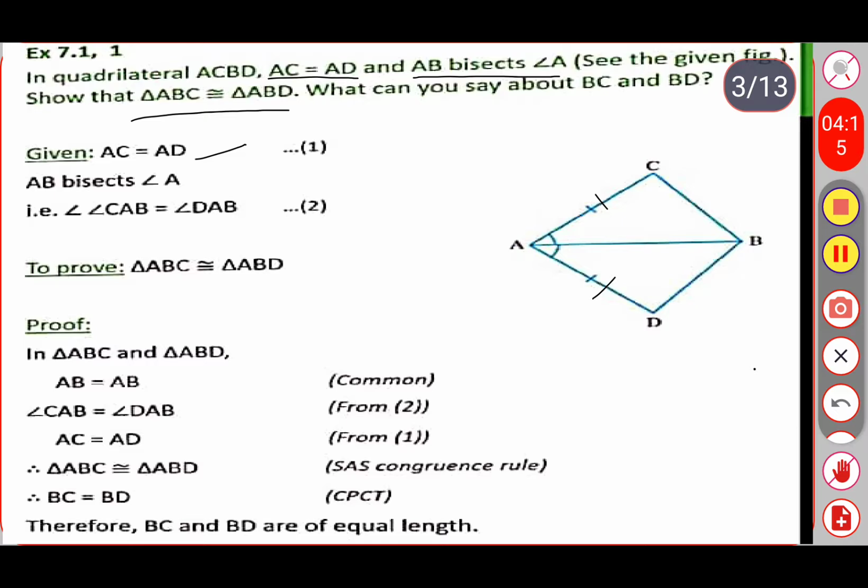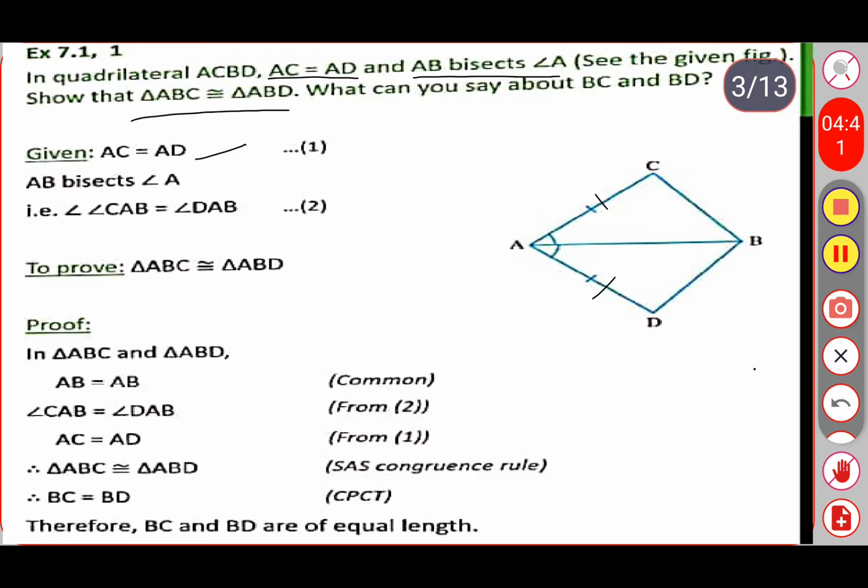In triangle ABC, the upper triangle, and the second one, ABD, AB is the common side. This side AB is the common side for both triangles, right?